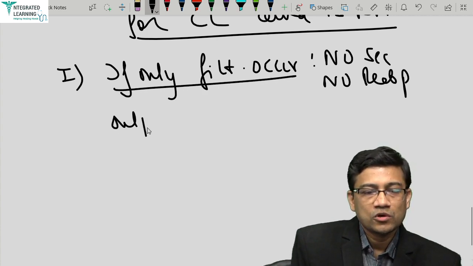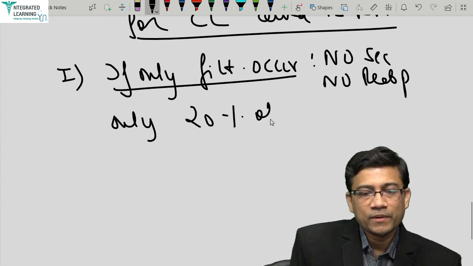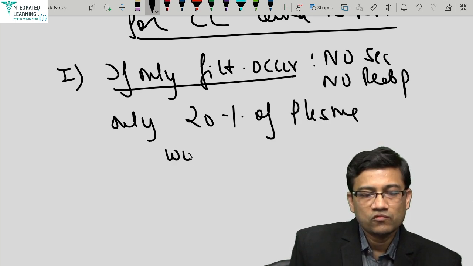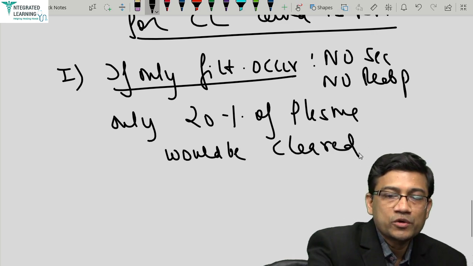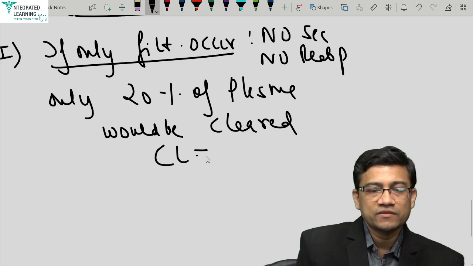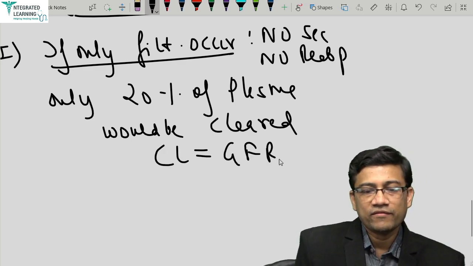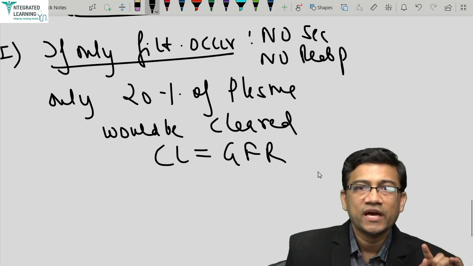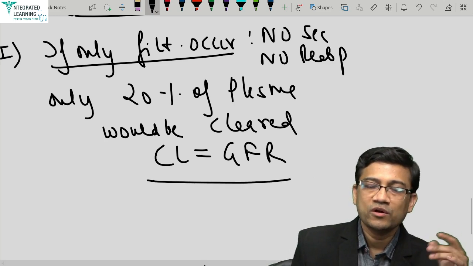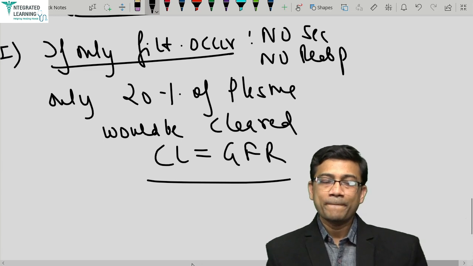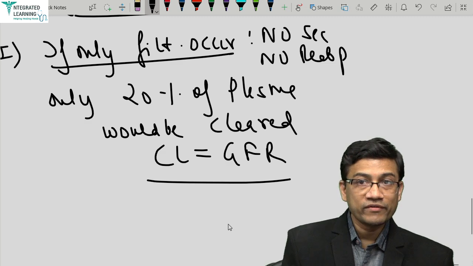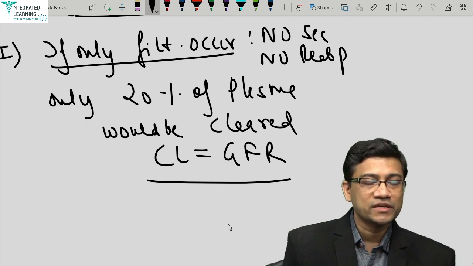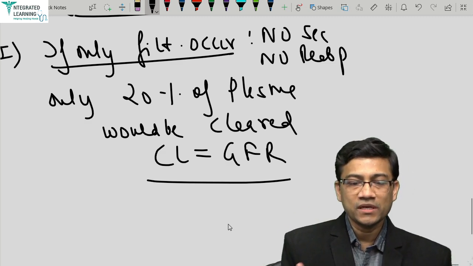That means only 20% of plasma would be cleared, not all, and that clearance is equal to what? GFR. Why? Because you have cleared only the 20% part, not the whole. So if something has a clearance equal to GFR, it means it is only filtered and removed, neither reabsorbed nor secreted out.